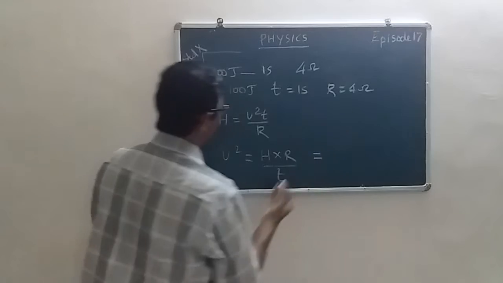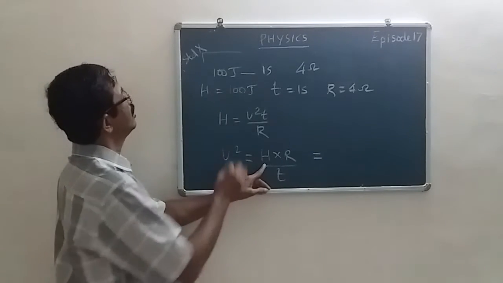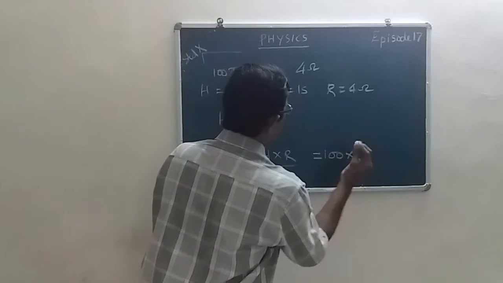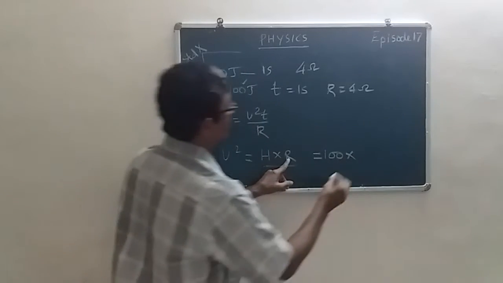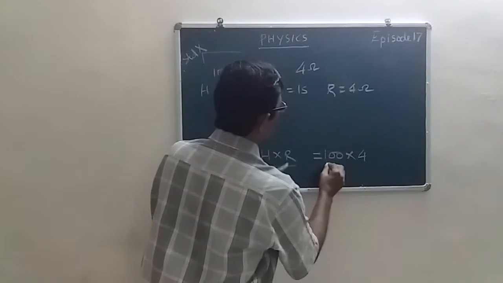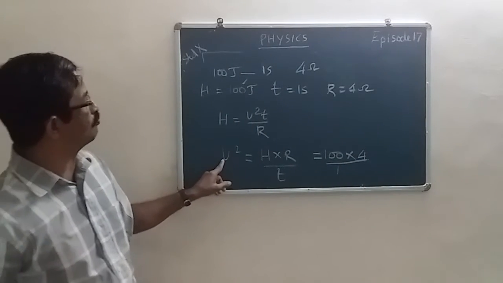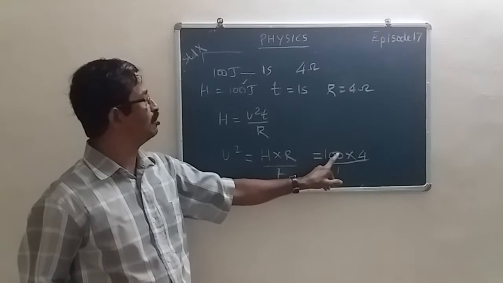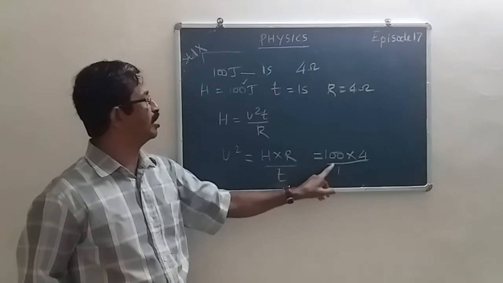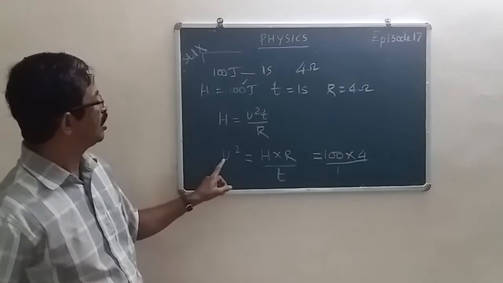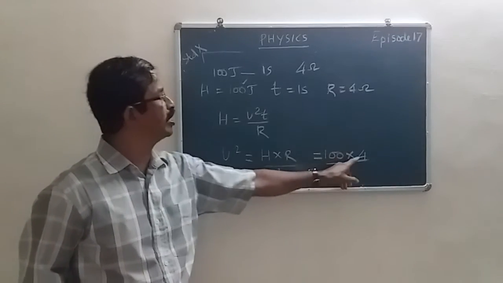See here, H is how much? It is 100 into R, that is 4 by time 1. This is the value of V square. V square is equal to 100 into 4 by 1. 100 into 4 is 400. By 1 is 400 itself. So V square is equal to 400.